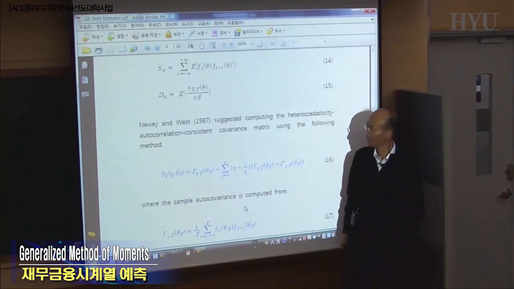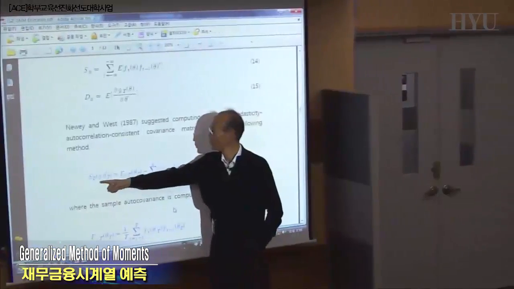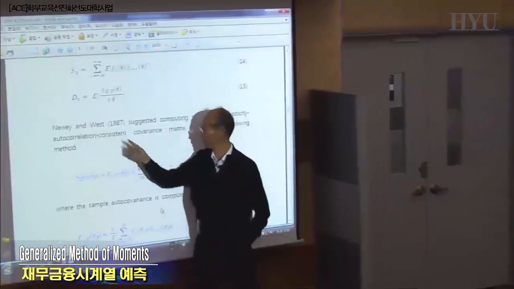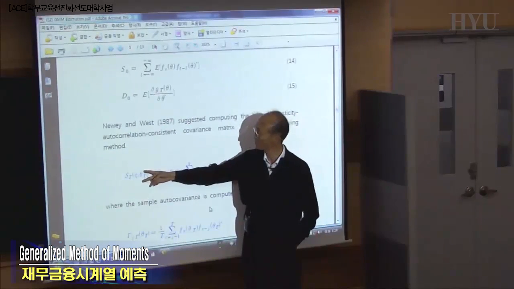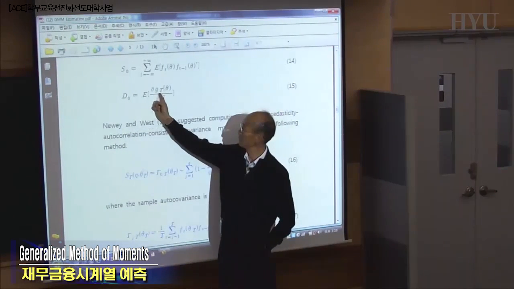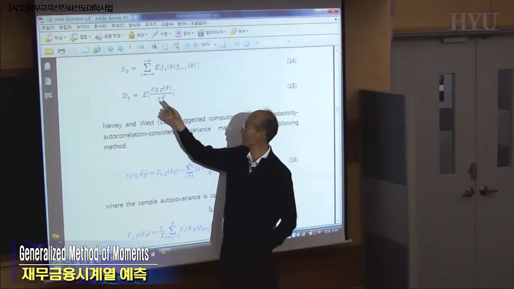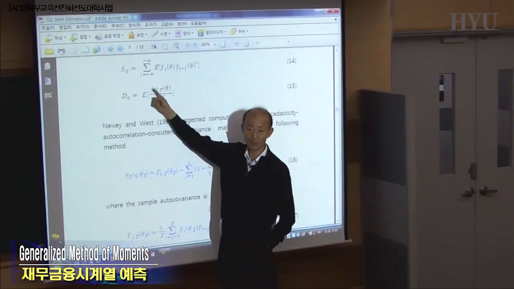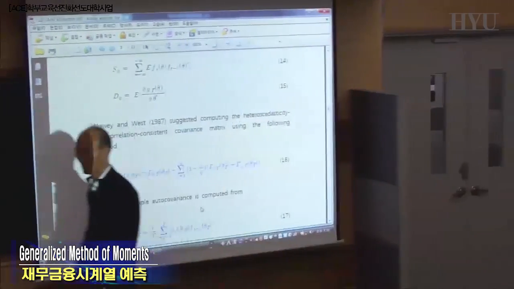Okay? So if you can calculate this using the Newey-West weighting scheme, obviously this is not that difficult to do, using any function that calculates the first derivative, you can calculate this one. So the rest of them is calculated.